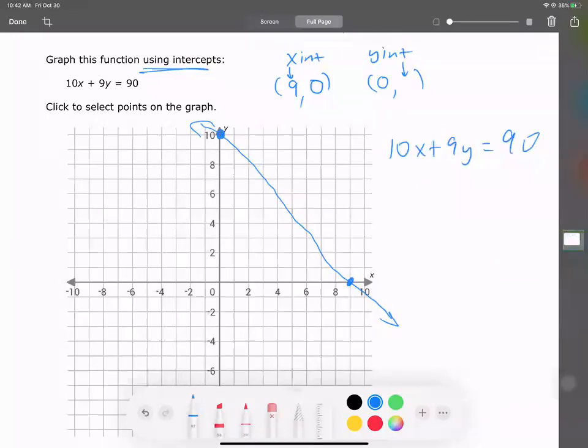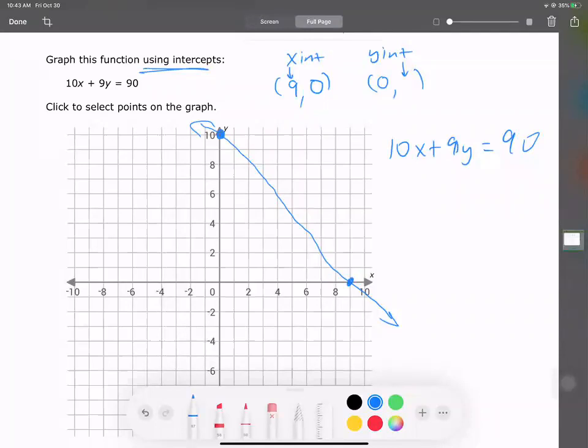If you guys can see me on the screen, when you are looking for your x-intercept, I want you to, on your paper, just put your finger, see my finger? And you're just going to cover up the y.